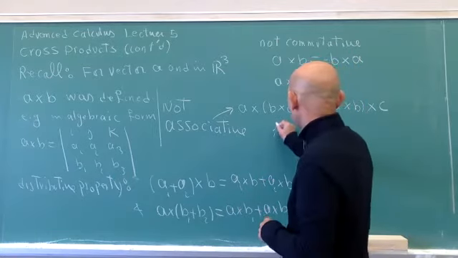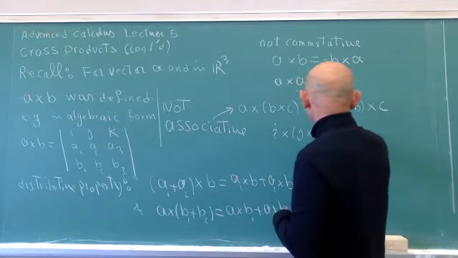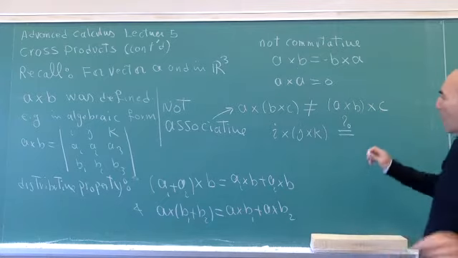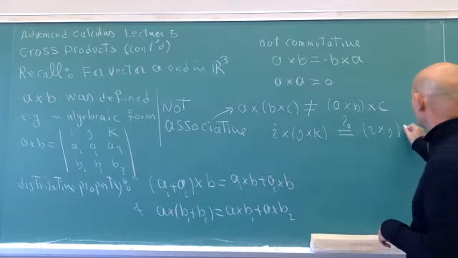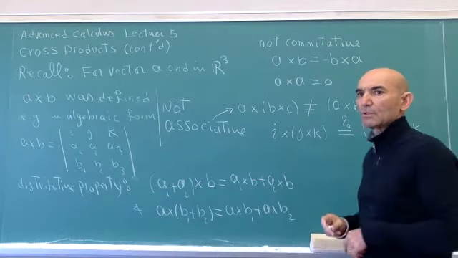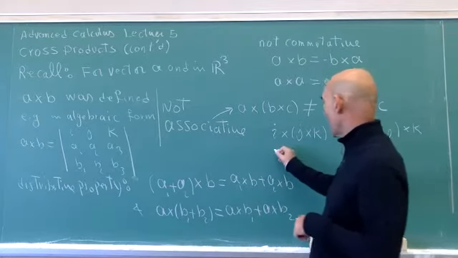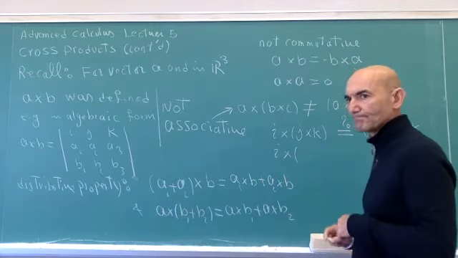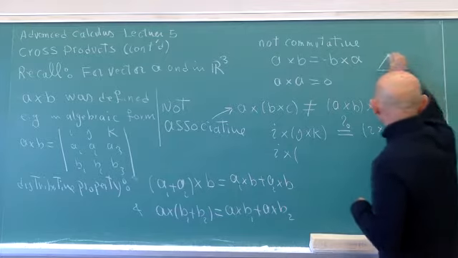For example, let's try I cross J cross K. Is it equal to I cross J, crossed with K? Let's compute. What is J cross K? To do J cross K, we have to remember the definition.